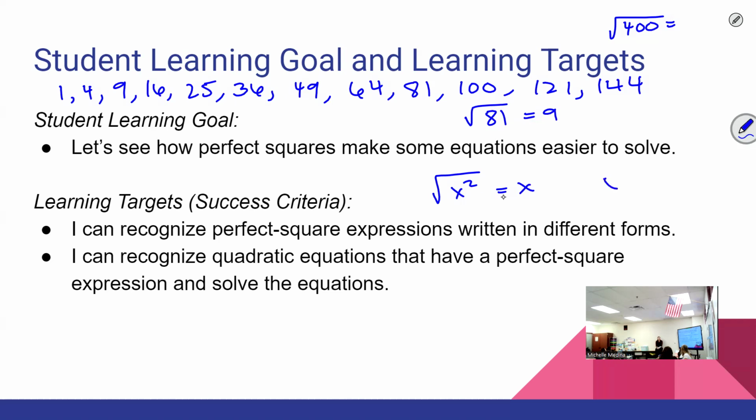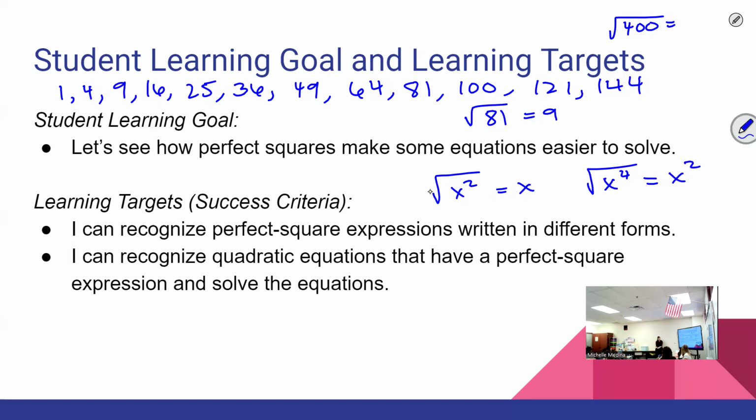But say you needed to find the square root of x to the 4th power. What's the square root of it? X squared. So any variable with an even positive integer exponent is also a perfect square, although we're mostly just going to be dealing with x squared.